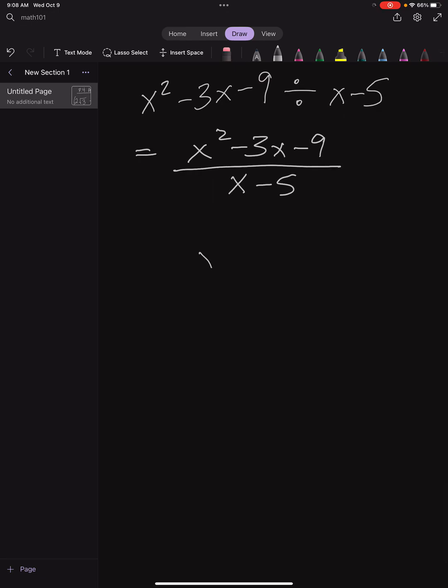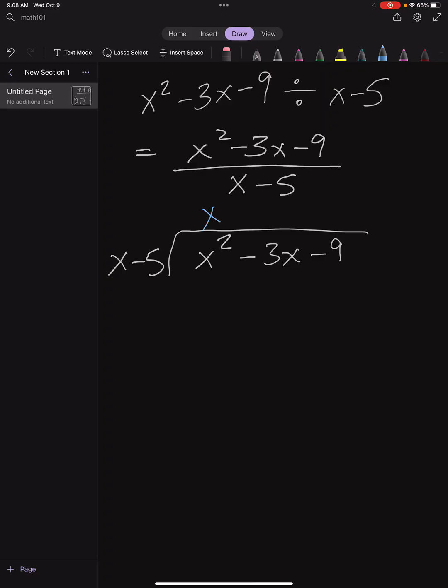So we're going to try to divide this out. Okay, so this is a little more challenging when you have something that has two terms that we're dividing by. What you're going to do is look at the first term and see how many times it goes in. So x goes in x squared x times.